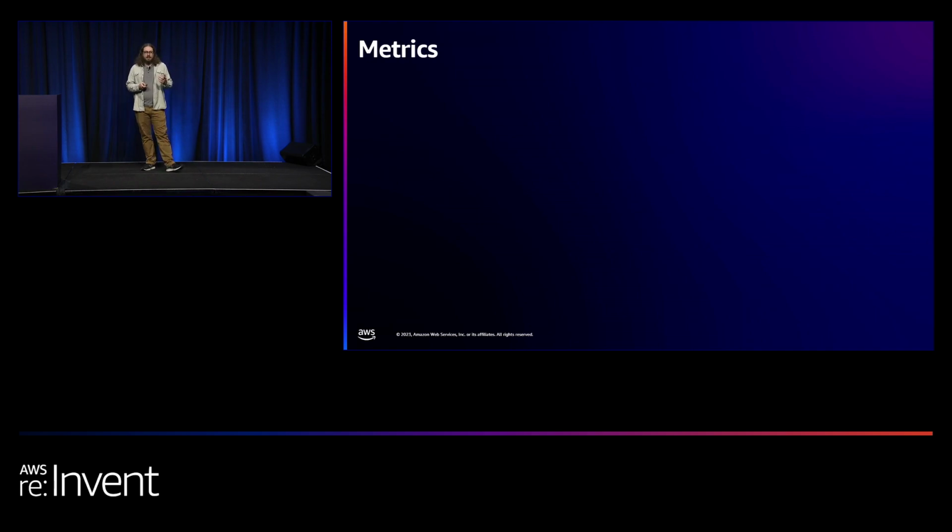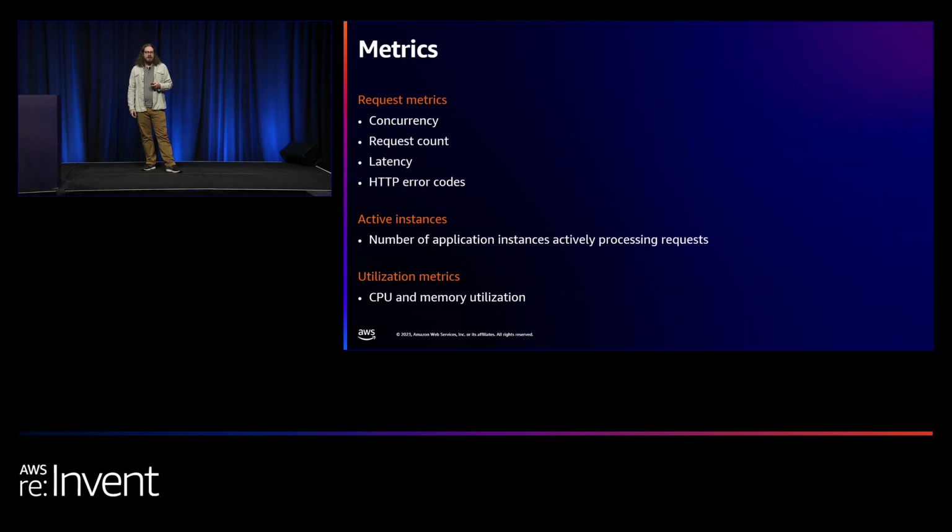And then metrics. Metrics are super important because you want to know not just that my application is running, but how much is it running? What is it doing in terms of activity? So here are the metrics that are provided by App Runner out of the box. App Runner is keeping track of incoming requests, the concurrency level that you're currently serving. So in other words, how many requests are you serving at any given time?